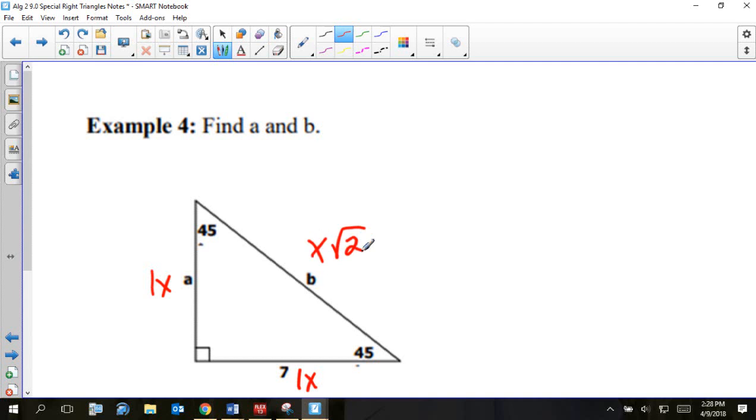The hypotenuse always has the 2 in it, and the one with two different sides has the square root 2. So I know that 7 is equal to x, so my A side is the same as my x side. So A is 7, and then my B is 7 square root 2.